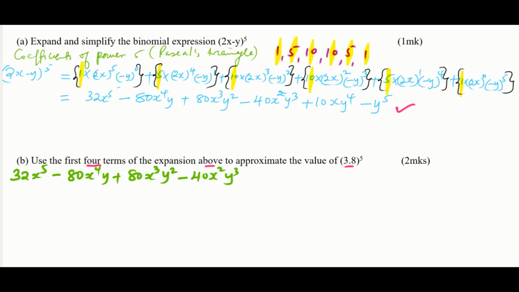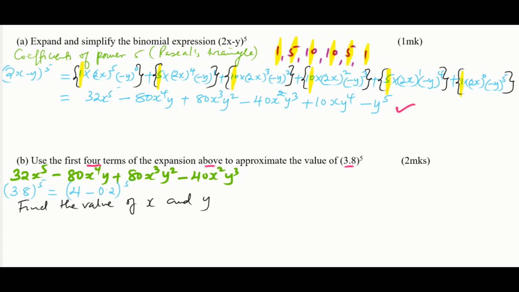The other thing we need to do is to take 3.8 raised to power 5. We split this one into two terms. We get 4 minus 0.2. So 3.8 is the same as 4 minus 0.2. And for us to continue, we need to get the value of x. There are two unknowns here, x and y, so the next thing is to find the value of x and y.